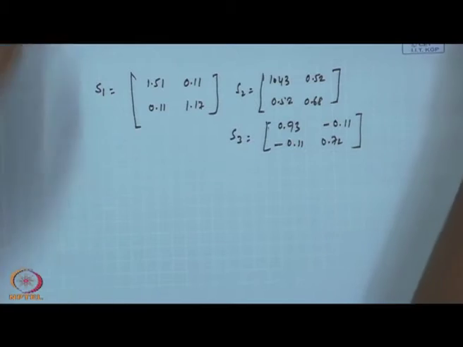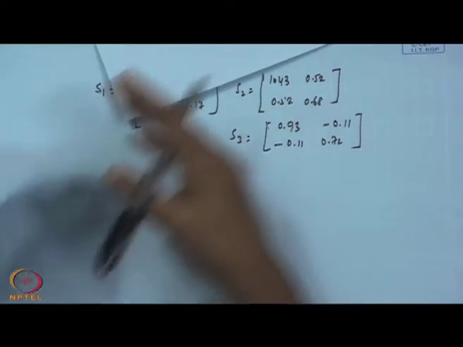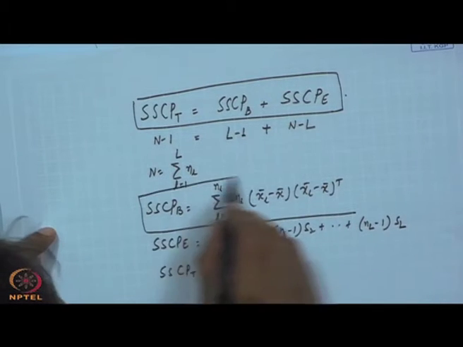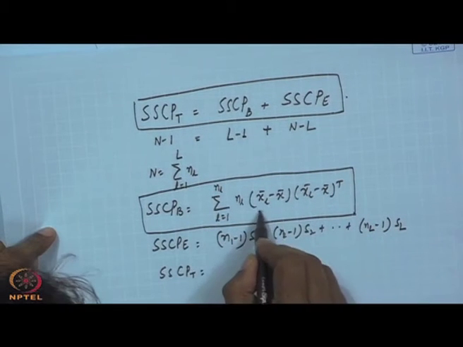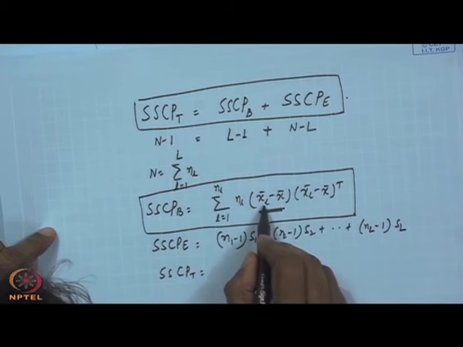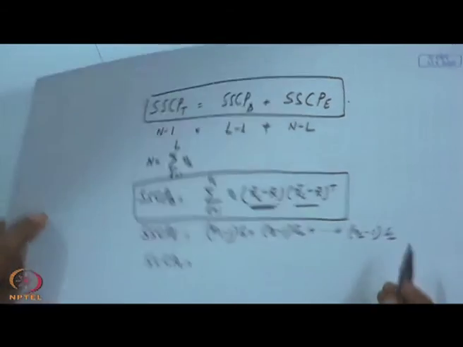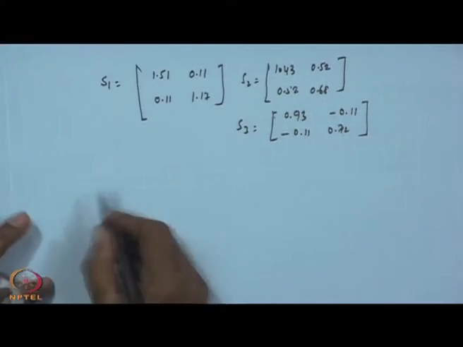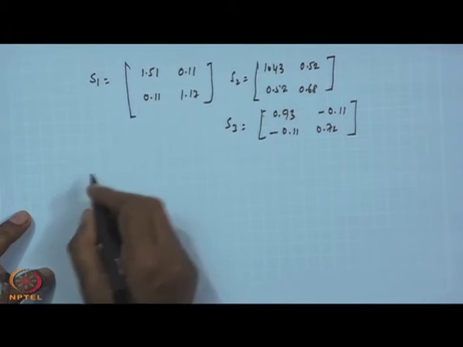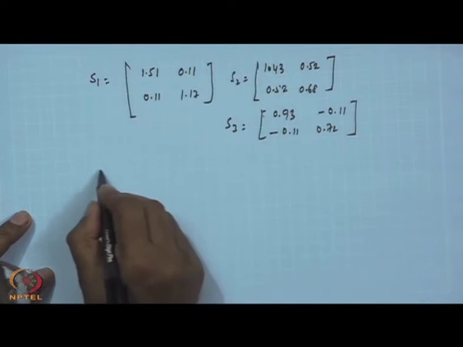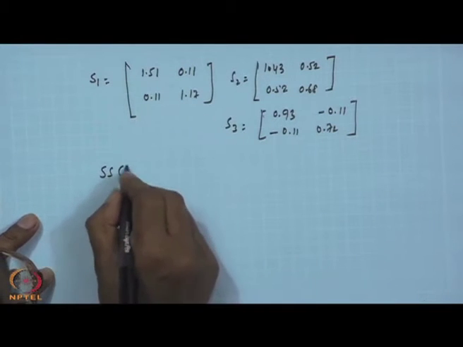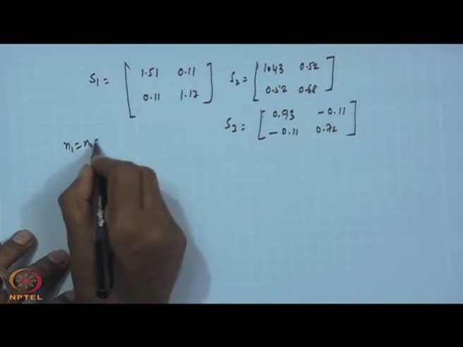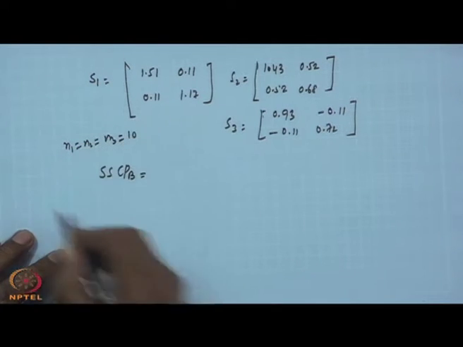Now we want to calculate SSCP B first. To calculate SSCP B, you require x_l bar minus x bar and its transpose to be multiplied. So I am writing the formula: SSCP B is the sum over l equal to 1 to capital L, as n1 equal to n2 equal to n3 equal to 10.